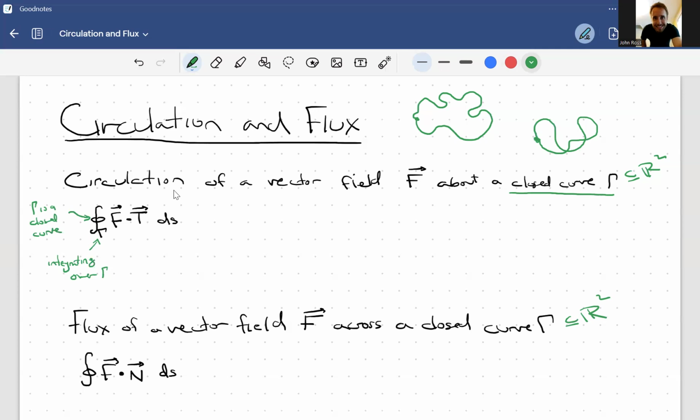So that is the sort of notational framework that we see here. And then you'll notice the actual integral that we compute is our vector field F dotted with this other vector field T. And so this other vector field T, well, this is going to be our unit tangent vector after we parameterize.